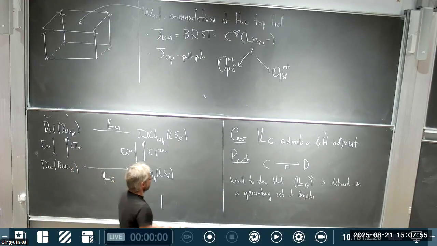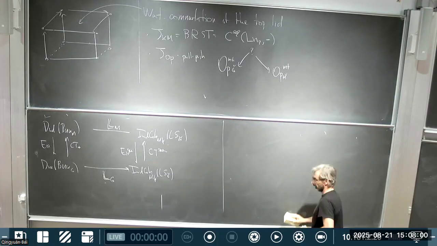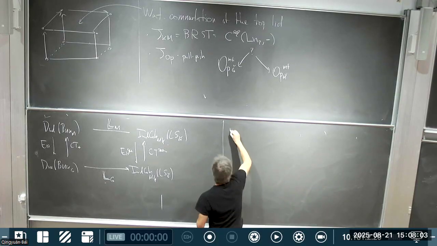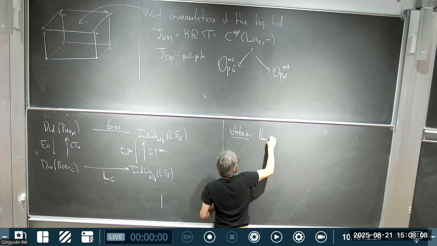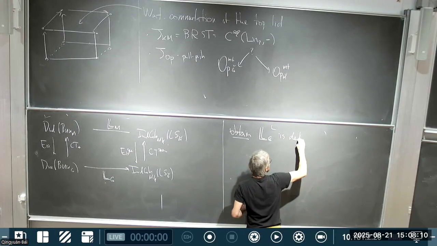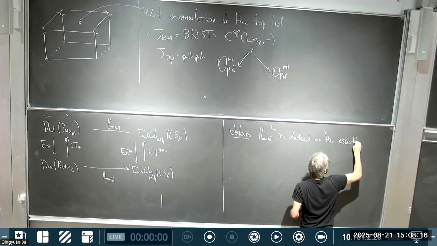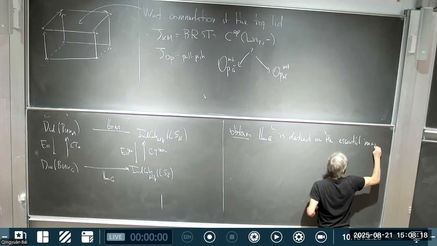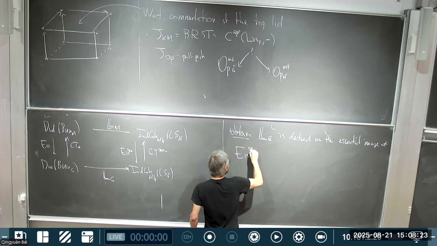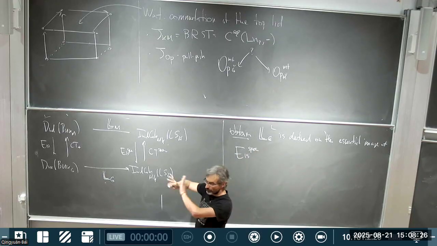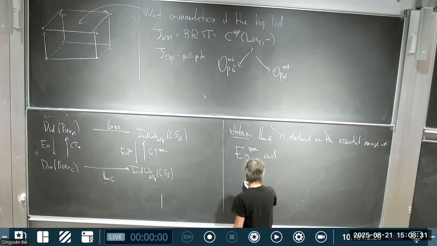Apply the lemma, and you obtain that L_G is defined on this essential image of I-spec. Again, for a proper Levi, I'm assuming that we know everything for proper Levi subgroups. And moreover, it makes the following diagram commute.